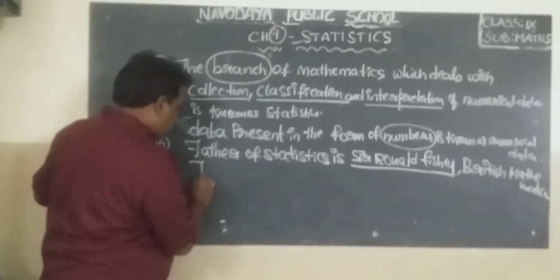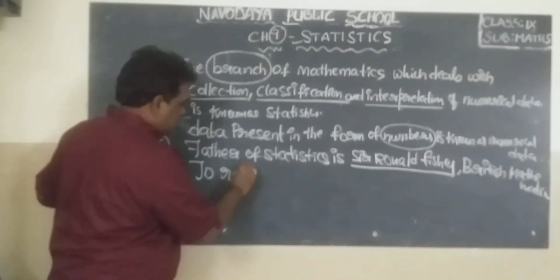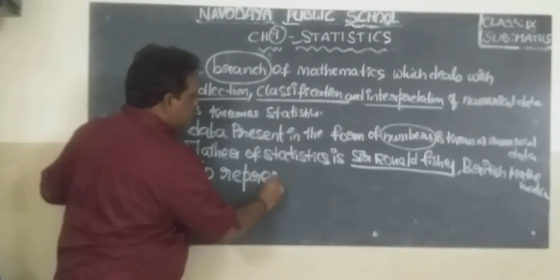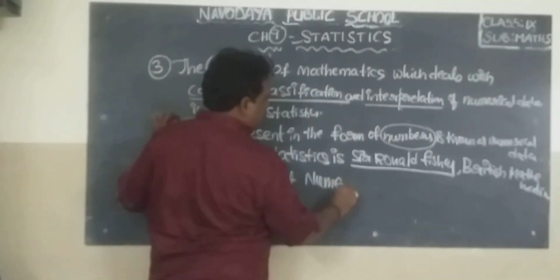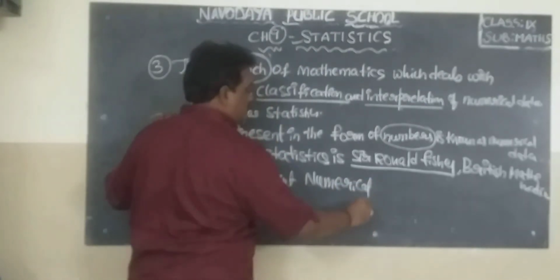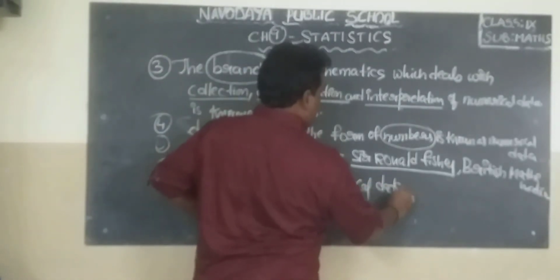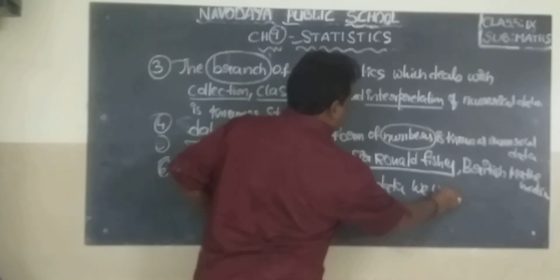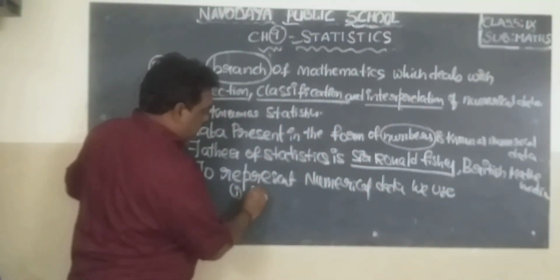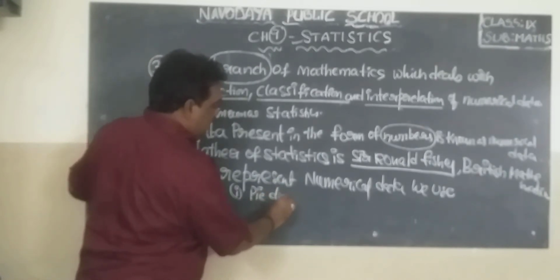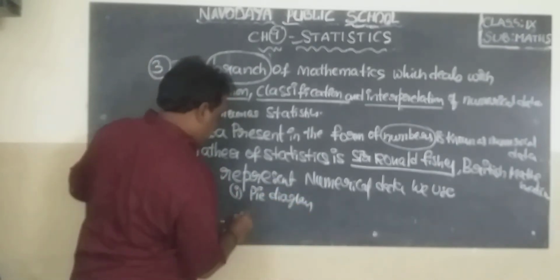Then, to represent numerical data, we use number one, pie diagram. Already I told you what is pie diagram.